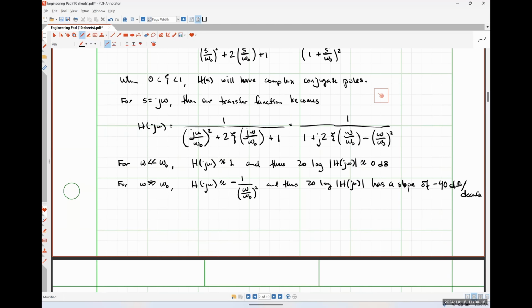So effectively, thus far, everything looks like just a repeated pole. But when we get somewhere where this middle term is dominant, which is what happens when omega is close to omega naught, we're going to see that things start to behave weirdly. And how our response looks in this area is going to be very, very dependent on the value of zeta. Okay, that's what I'm trying to get at.